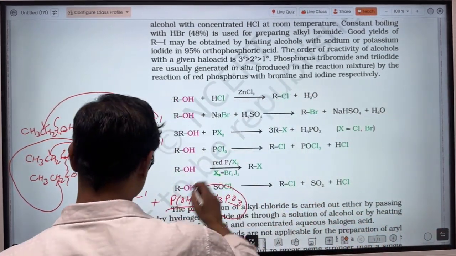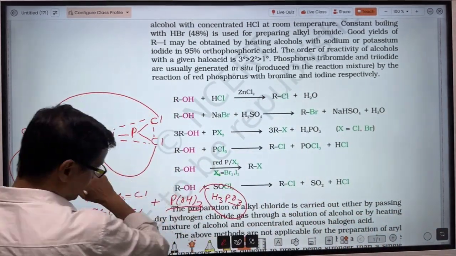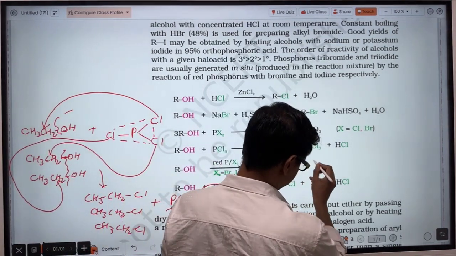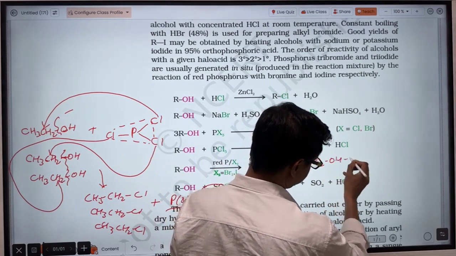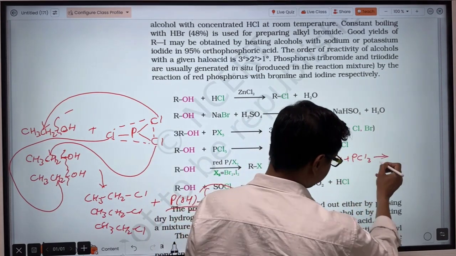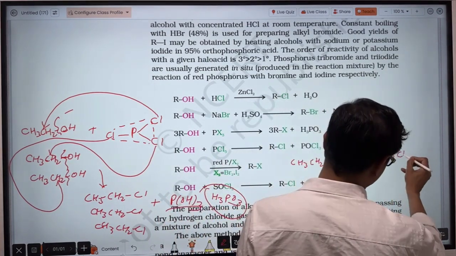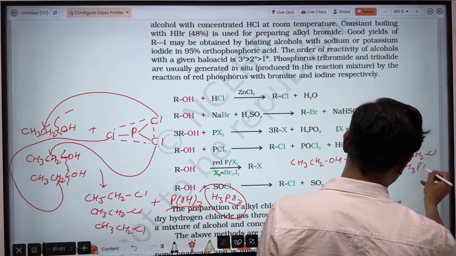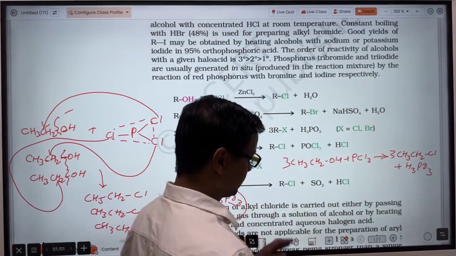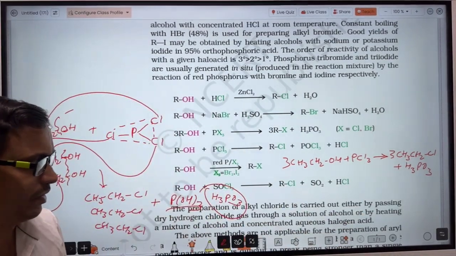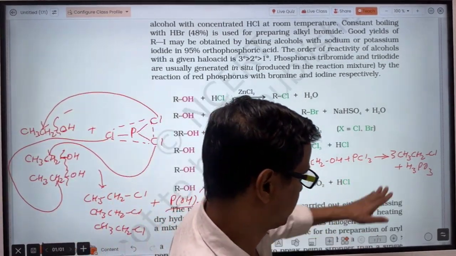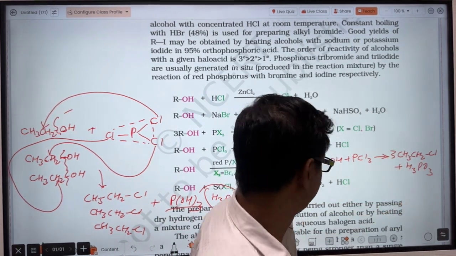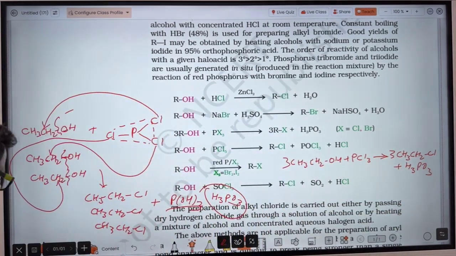So if you have to write this reaction, CH3CH2OH reacting with PCl3, there will be formation of 3 moles of chloroethane and H3PO3. Here 3 moles of alcohol react with 1 mole of PCl3.